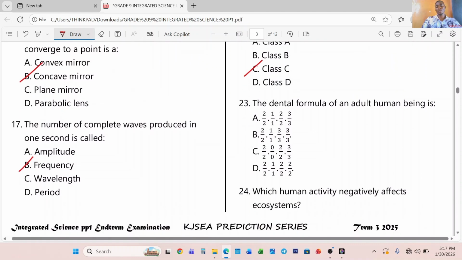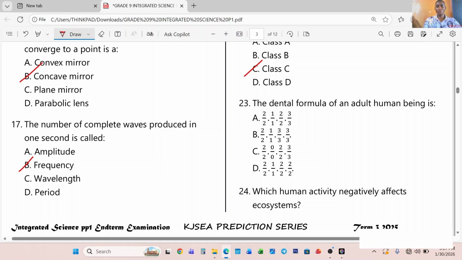Question 23. The dental formula of an adult human being is, we have A, 2, 2, 1, 1, 2, 2, 3, 3, then 2, 2, 1, 1, 3, 3, 3, 3, then you have 2, 2, 0, 0, 2, 2, 3, 3, 2, 2, 1, 1, 2, 2, 1, 2, 2, 2, 2.